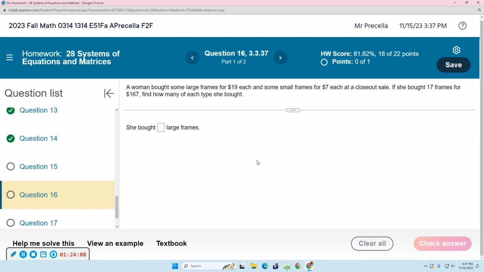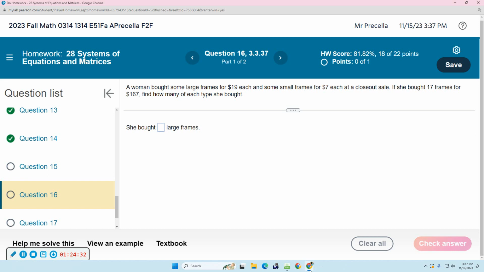The woman bought some large frames and small frames. I think this statement here, find how many of each type she bought, is what we don't know. The number of large frames and the number of small frames. And they even give you a hint with that first little question there.